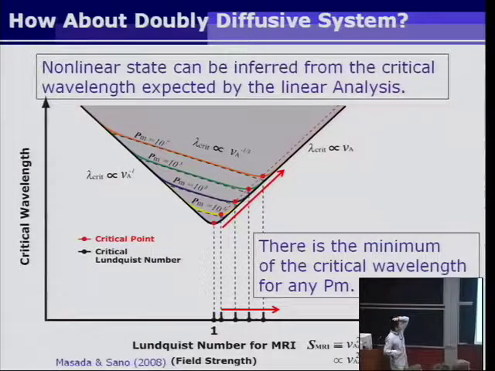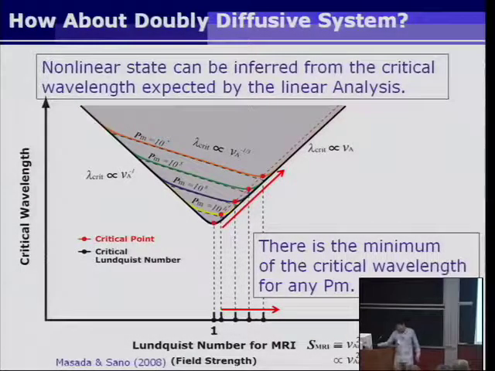This diagram is the critical wavelength as a function of the Lundquist number. If we fix the resistivity and just add the viscosity, then this line goes something like this. The important thing is that there is always a minimum, so there must be some critical number in the Lundquist number.